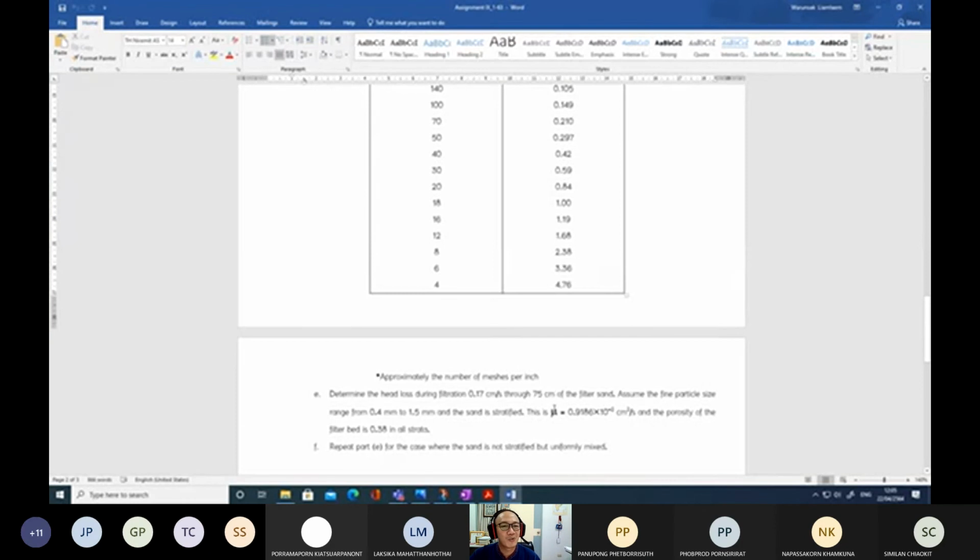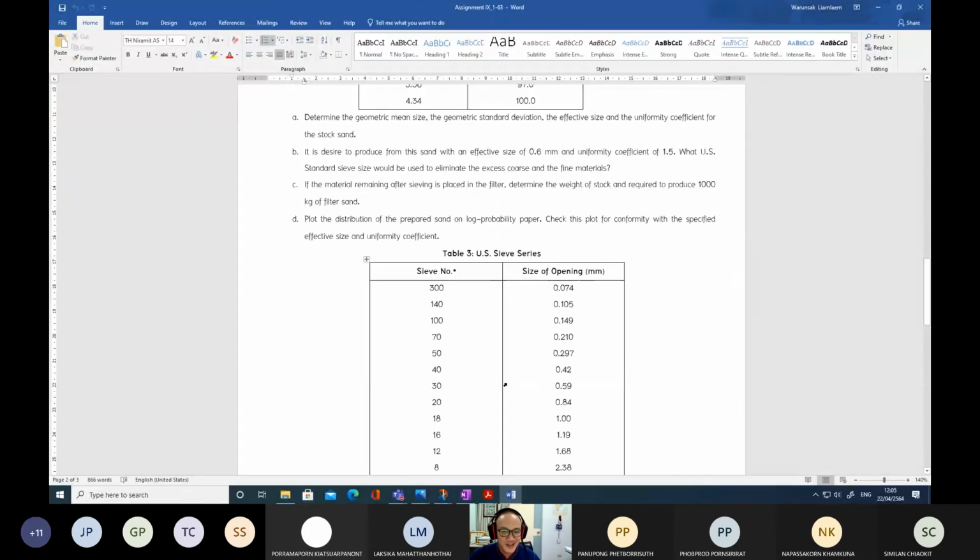So this is how we take the natural sands, and then we cut off some too coarse and too fine portions, and only the usable portion we put in the filter, so that the filter sands actually have the effective size of 0.6 millimeters, and the uniformity coefficient of 1.5.